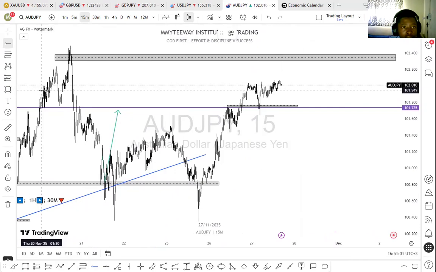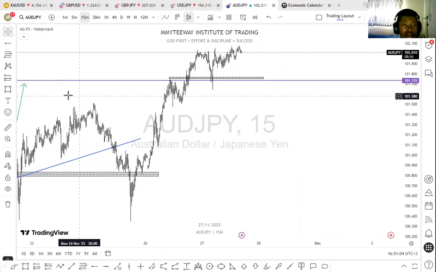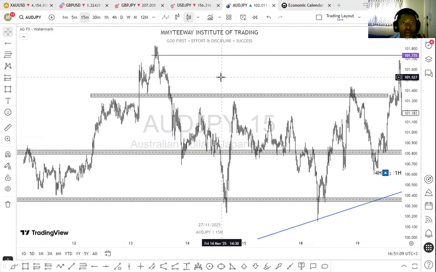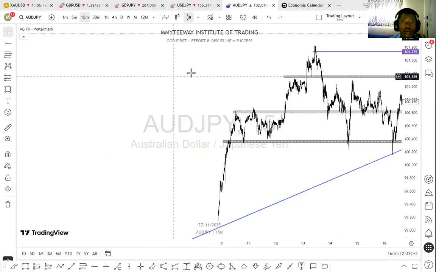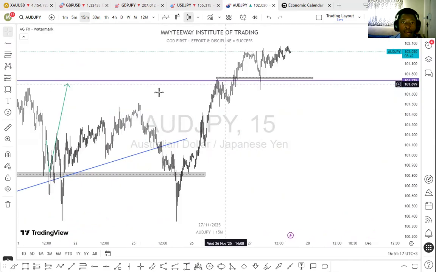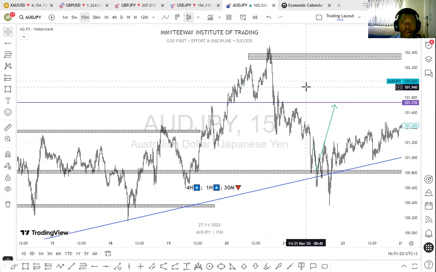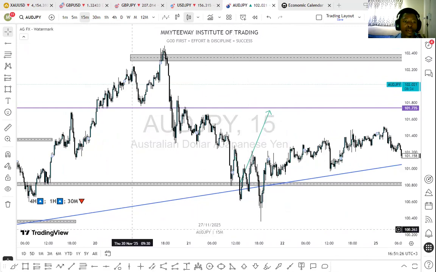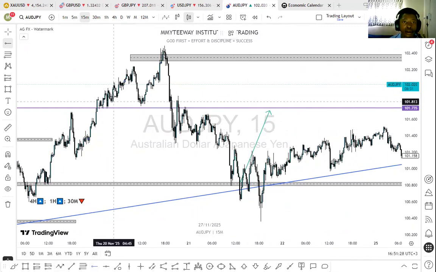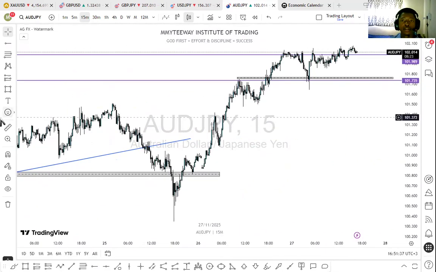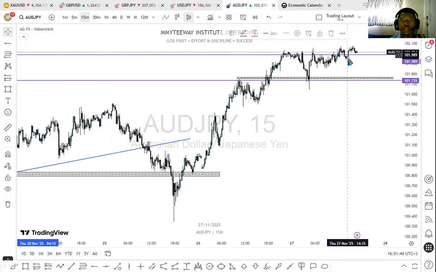You can see I'm highlighting where the price touches most of the times. First touch, second touch, third touch. It comes here and gives a fourth touch.